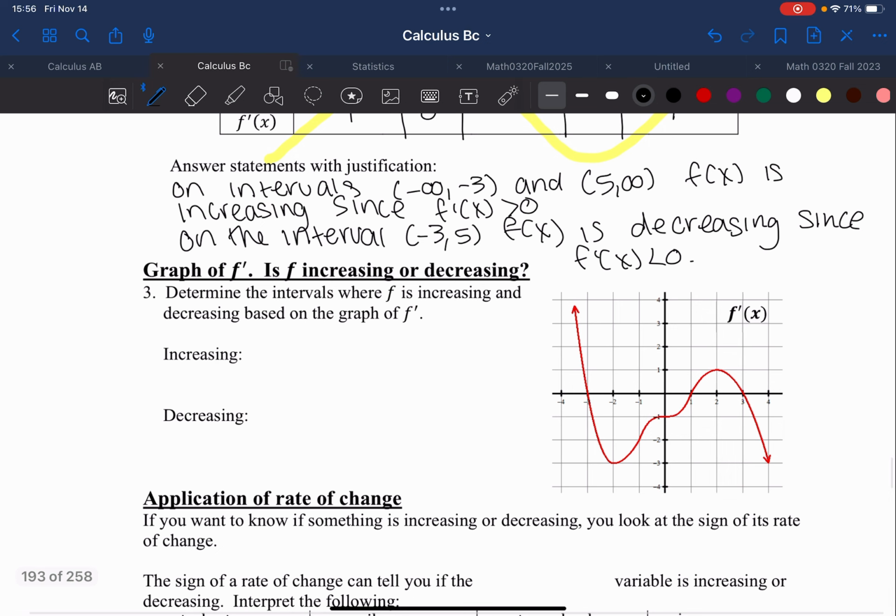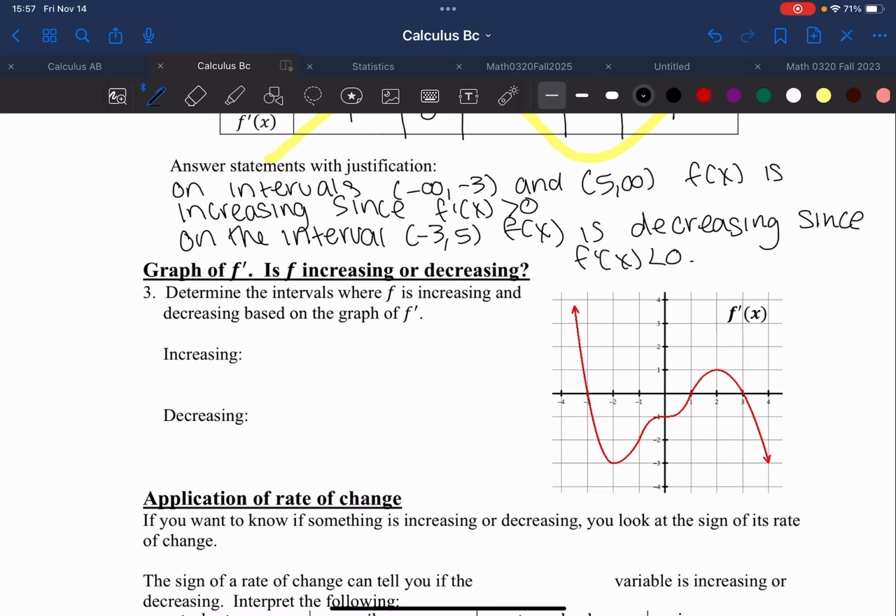Now it says graph the derivative of f. Oh, sorry, graph of f prime of x. It gave us the derivative's graph. It says determine the intervals where f is increasing and decreasing based on the graph of the derivative.